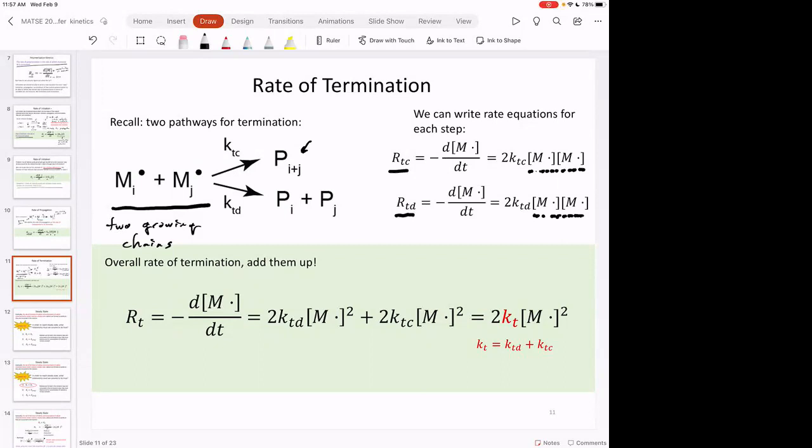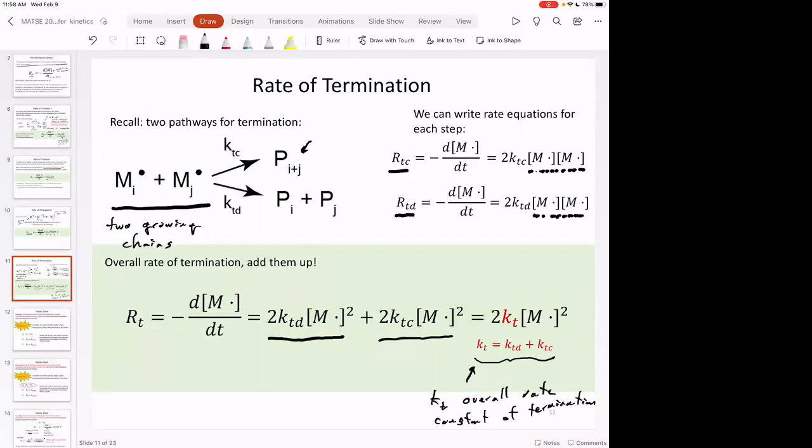So if you combine this expression, here's termination by disproportionation, termination by combination, we can combine k_td and k_tc to form k_t, termination. k_t is the overall rate constant of termination. And you know it's just the sum of the 2 different modes.